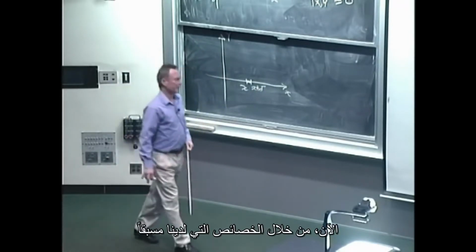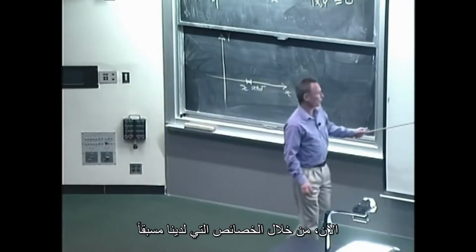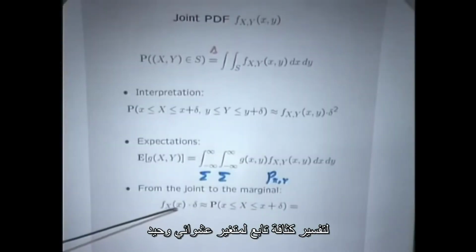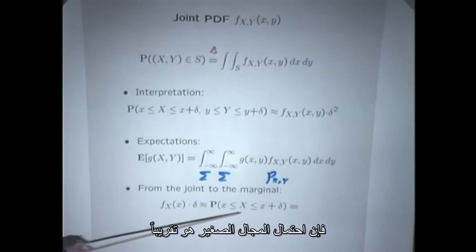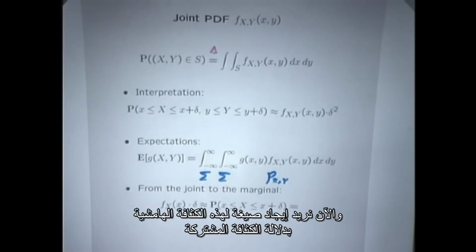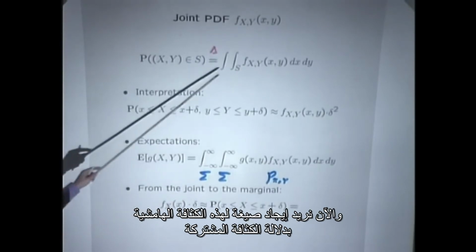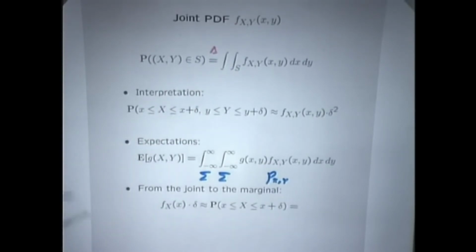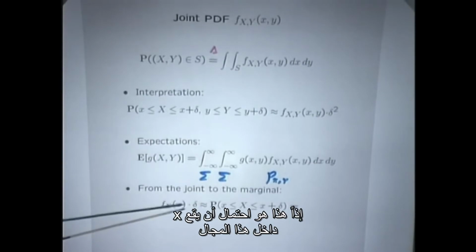Now, by the properties that we already have for interpreting the density function of a single random variable, the probability of a little interval is approximately the density of that single random variable times delta. And now we want to find a formula for this marginal density in terms of the joint density. Okay, so this is the probability that x falls inside this interval.